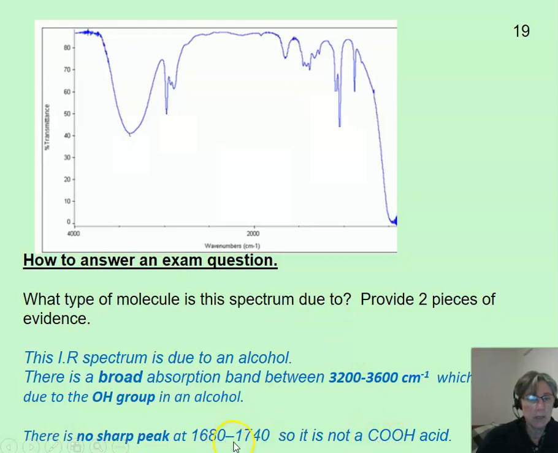And when we're looking for that, that is normally around 1700. So we're kind of focusing on the around 3000 when we're looking for peaks, and the around 1700. And if you're saying there's no peak, you need to quote where you would be expecting to see a peak. Okay, so the lack of a peak is also evidence.